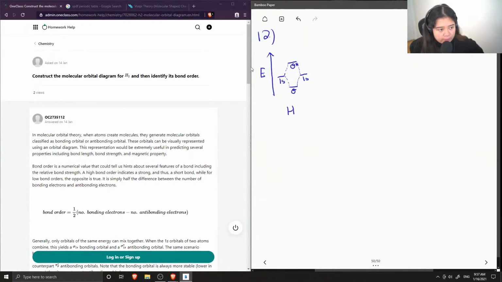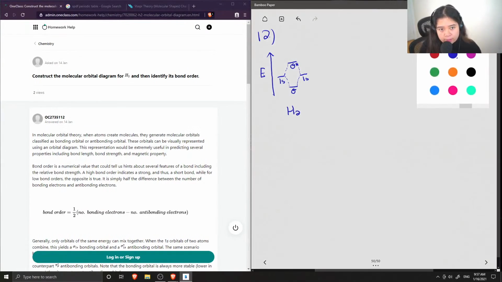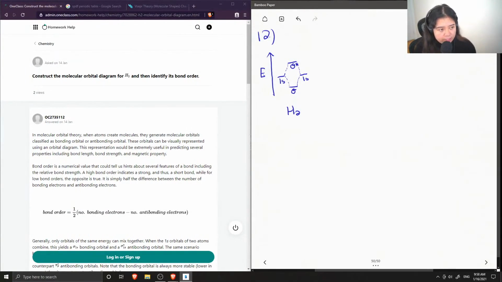So for example, let's say we had H2. Obviously hydrogen only has one electron in its atom, so it only has one electron that can participate in the bonds. And we have two hydrogen atoms, so we can show that each hydrogen has one electron.